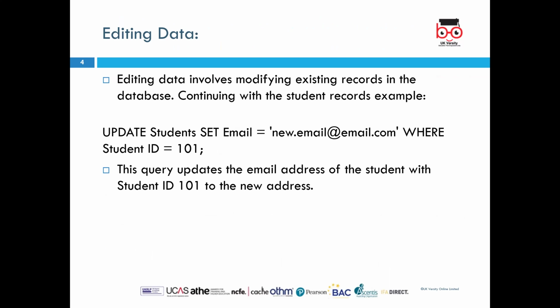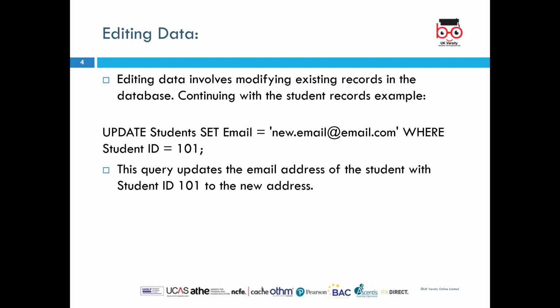Then the next thing is editing data. Editing data involves modifying existing records in the database. Continuing with the student records example, how do we update or edit the data? So the query is UPDATE students, where students is the name of the table, SET email.